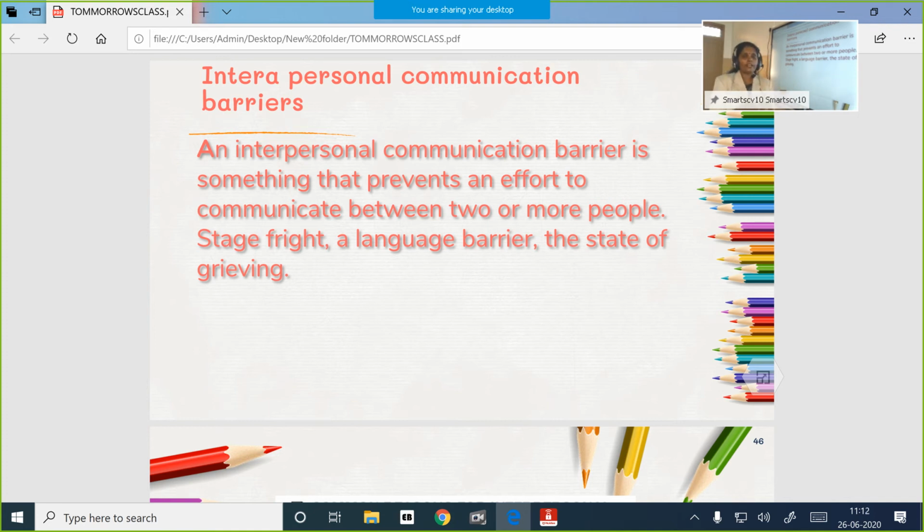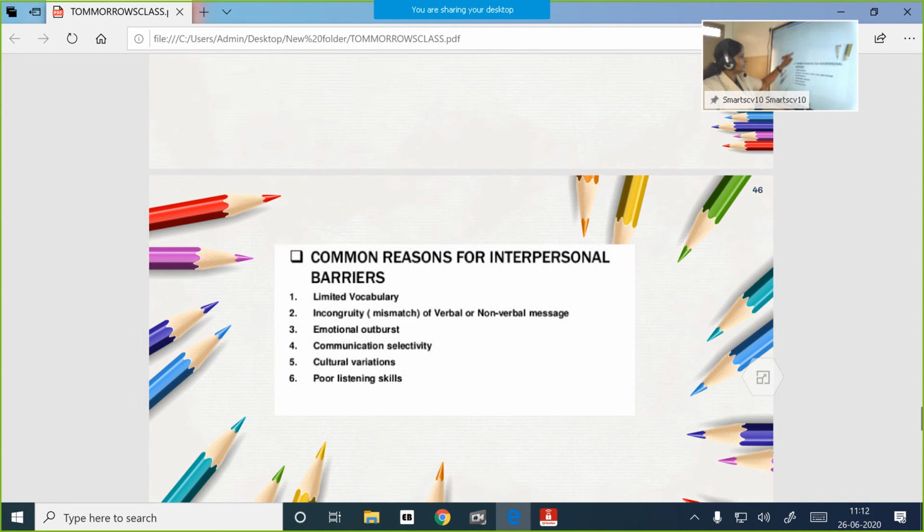That is intrapersonal and this is interpersonal. Between two people, what are the communication barriers that prevent us from communicating with each other?